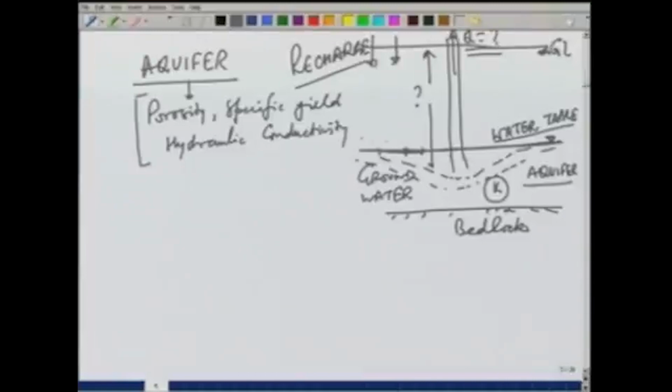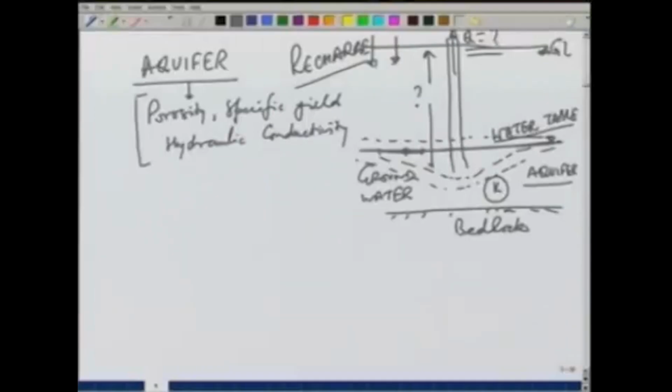Of course, above this there will be a capillary fringe which will have negative pressure, but we will not be concerned about this capillary fringe. We will just assume that the saturated zone is there and we will call it the water table, and look at the behavior of water flow in this. Now, if the water table is open to the atmosphere, we say it is an unconfined aquifer.